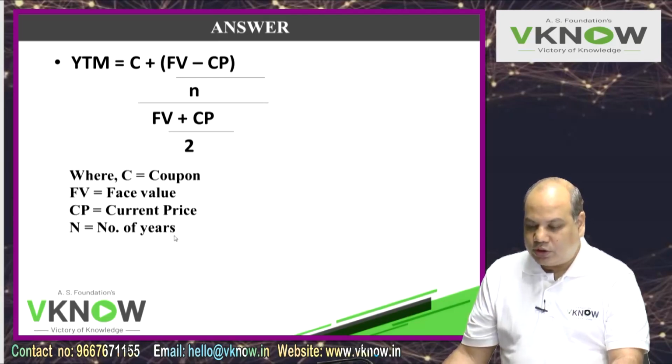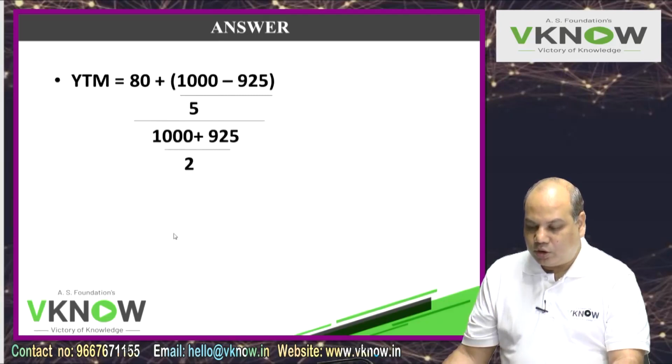So this is an annual coupon paying bond. Next line, write down, therefore, YTM is equal to 80 plus, in brackets, 1000 minus 925 divided by 5, upon 1000 plus 925 divided by 2.